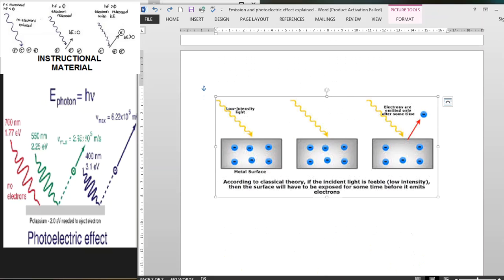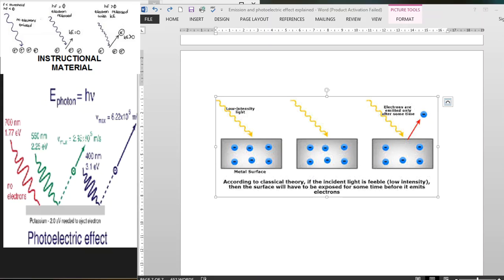A low intensity light will actually not give any emission. So as the intensity of the light is very low, it has to take a longer time before electrons are emitted.